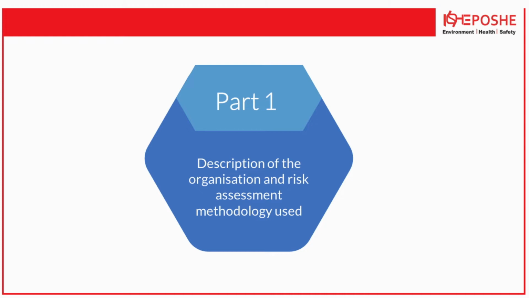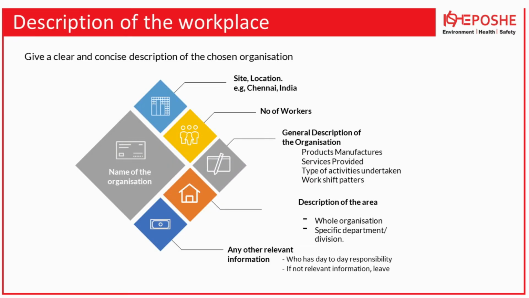Part 1, description of the organization and risk assessment methodology used. Overall word count for this general description section is about 150 to 200 words. Description of the workplace. Give a clear and concise description of the chosen organization. In Part 1, background, you must first write the name of the organization where you intend to carry out the risk assessment.